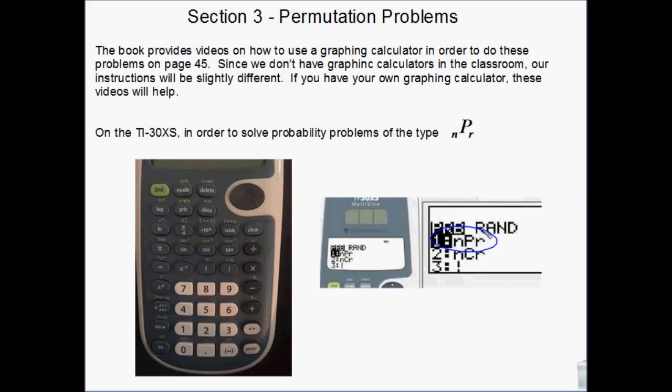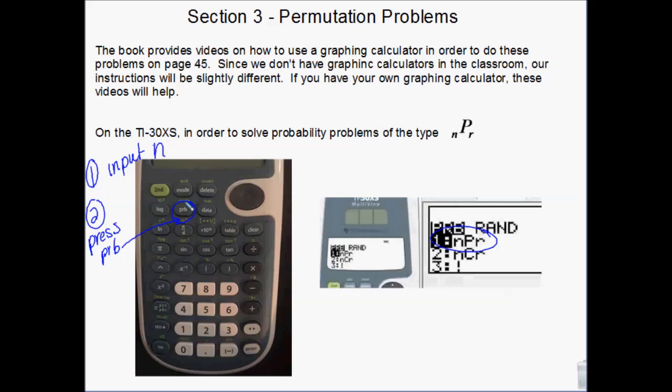Okay, so if we're going to solve probability problems where we're going to use the probability function in the calculator, first thing we have to do is pick the number for n. So first step is input n, whatever number that is. Your second step is to press the probability button, which is this button right here.